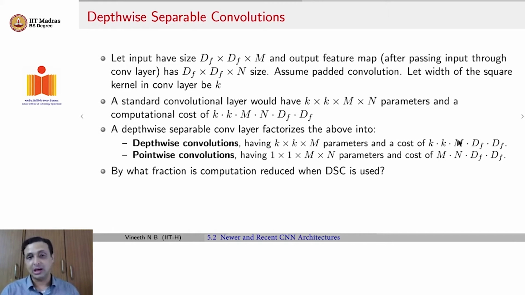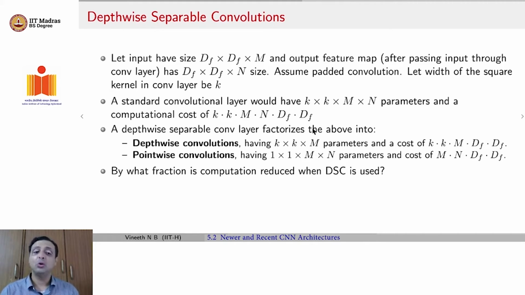The total cost there would be k into k into m into df into df. The pointwise convolutions become 1 cross 1 cross m, which is the size of each filter, and n such filters, which means 1 cross 1 cross m cross n parameters. The total cost will be m into n into df into df.